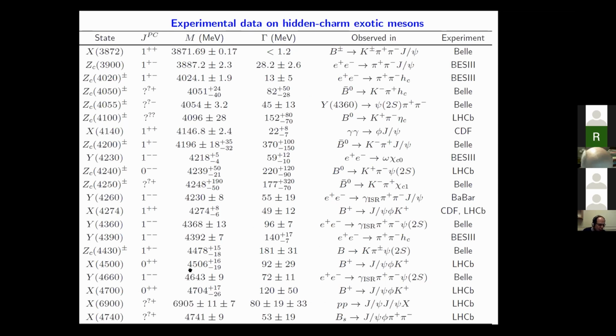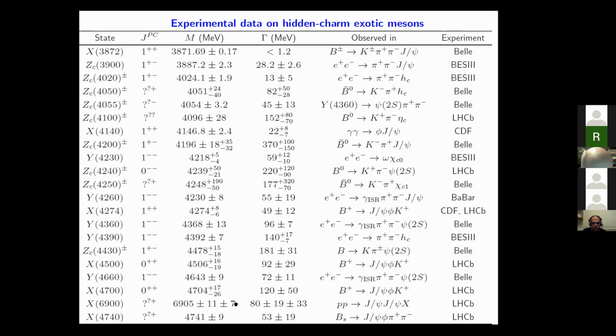Exotic states were already discussed at this conference, and in the following table I want to show you experimental candidates for the hidden charm exotic mesons. In this table they start from the famous X3872, which was discovered by the Belle Collaboration more than 17 years ago, and it ends with two states.